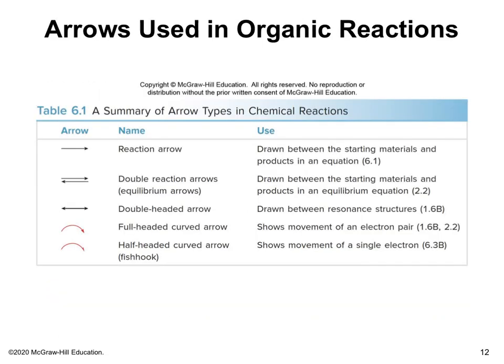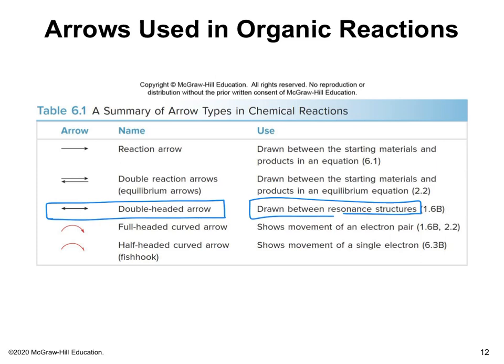Okay, so the arrows. Hopefully you understand double-headed arrows mean resonance structures. We've done that in chapter 2. Reaction arrow, this is an irreversible reaction. This is what you're going to see in what we're doing now with SN1 and SN2. They will all be just a one-way arrow from starting material to products. And then you've also seen the double equilibrium arrow.